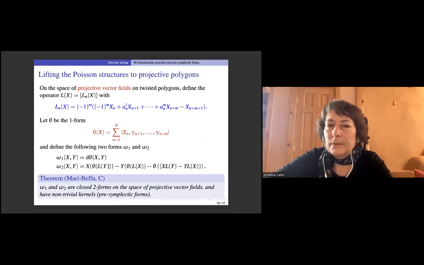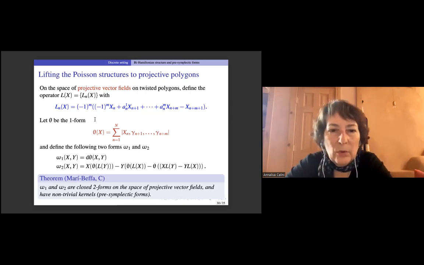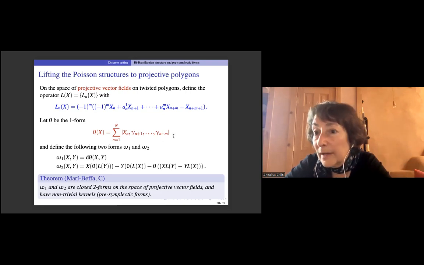So we introduced a simple one form that is constructed out of elements of your moving frame, and as an argument a projective vector field, which is Arlen preserving. And in terms of this theta form, we introduced two forms.